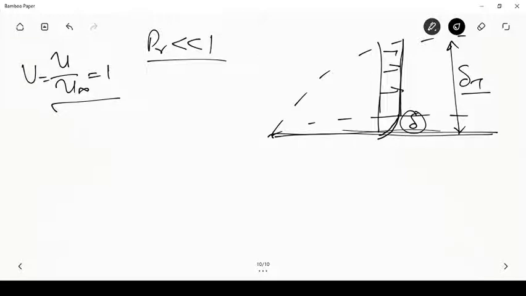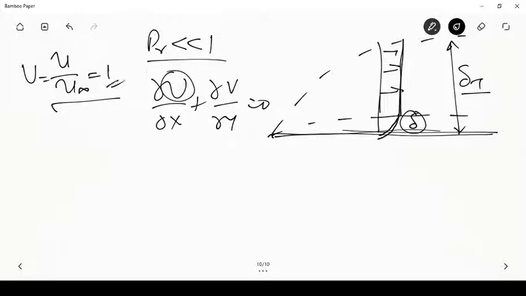Okay, and the other quantities, when I write the continuity equation del u by del x plus del v by del y equal to 0, this u is of the order of 1, that is fine. This x is of the order of 1, of course, because the length is LC, which is not changing from the previous discussion.